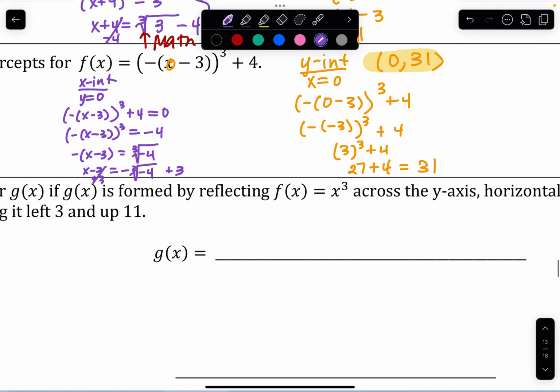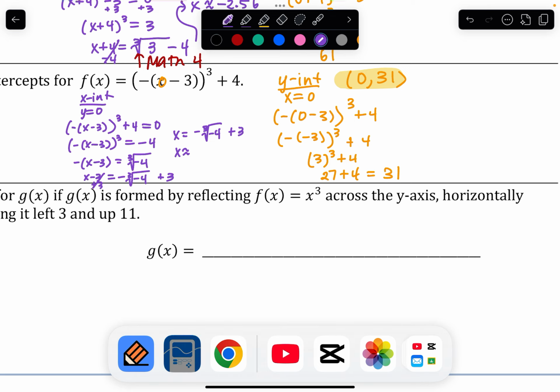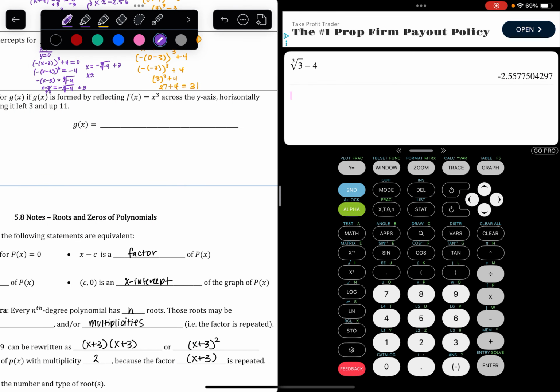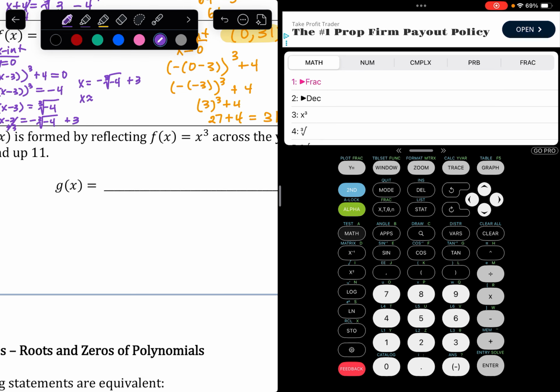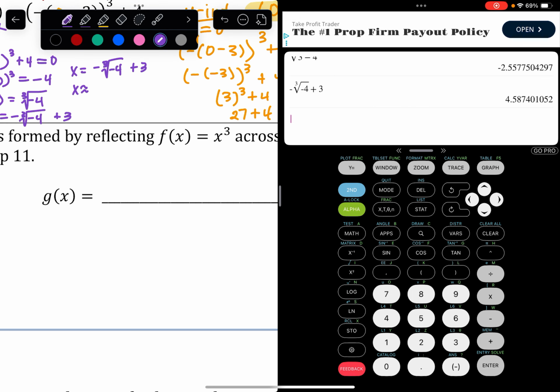And so if you don't have a calculator, you would leave it in terms of the cube root, which is negative cube root of negative 4 plus 3. And so to get the decimal approximation, negative, math 4, negative 4, right arrow, plus 3, 4.59.